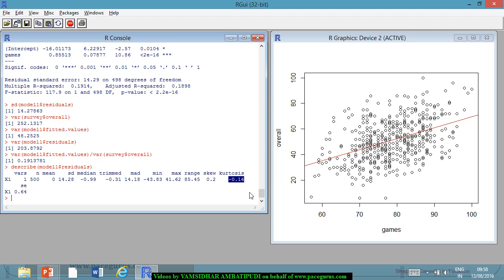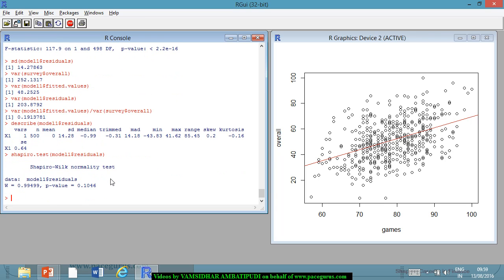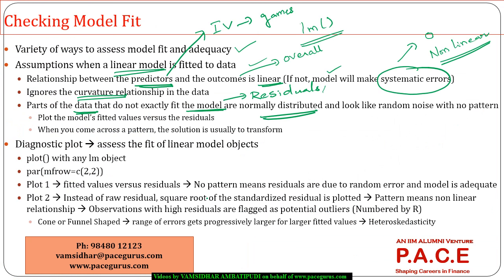Either I can do that, or I can go with shapiro.test, which is a proper test to check normality. So I take model1 residuals through the Shapiro test. The p-value comes out at 10.46%, greater than 0.05.